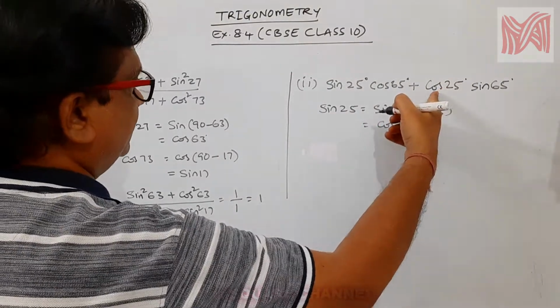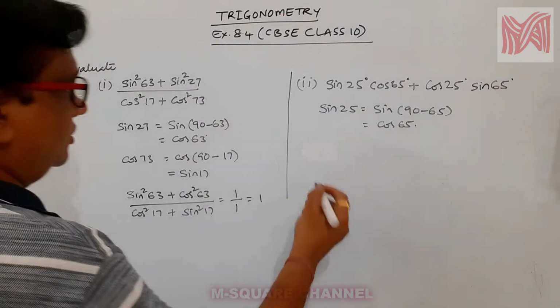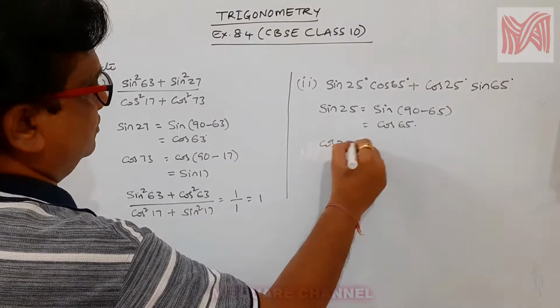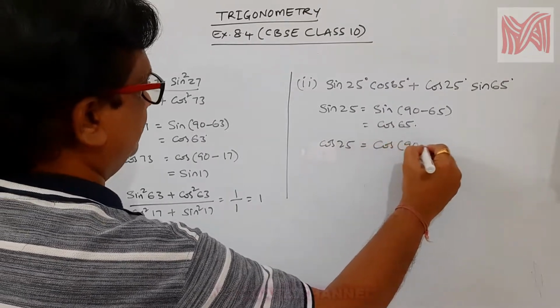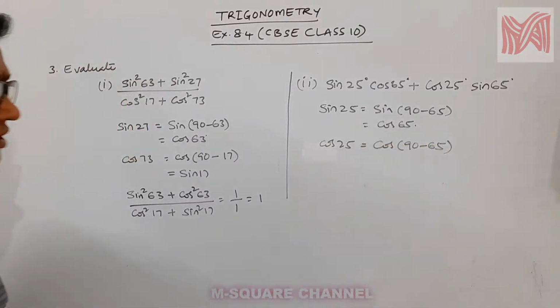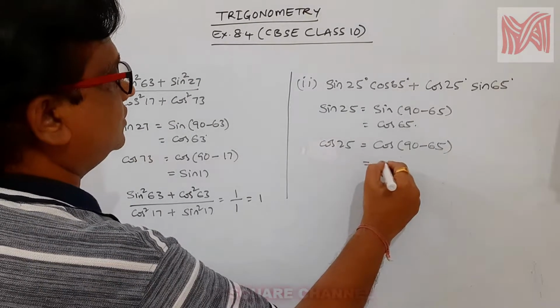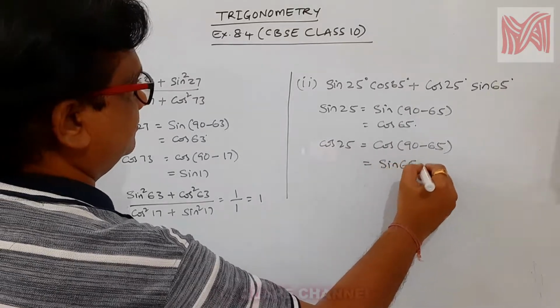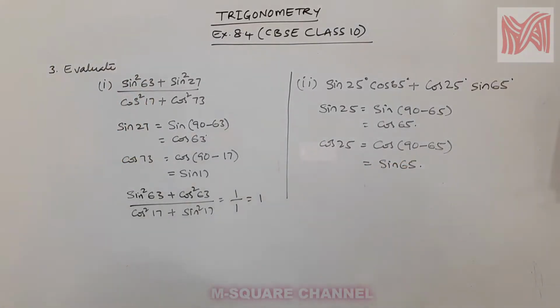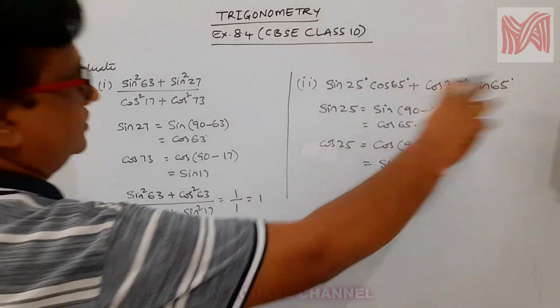You can change it here, cos 25. So cos 90 minus 65, cos 90 minus 65. So here sin 65. So all are in 65 now.